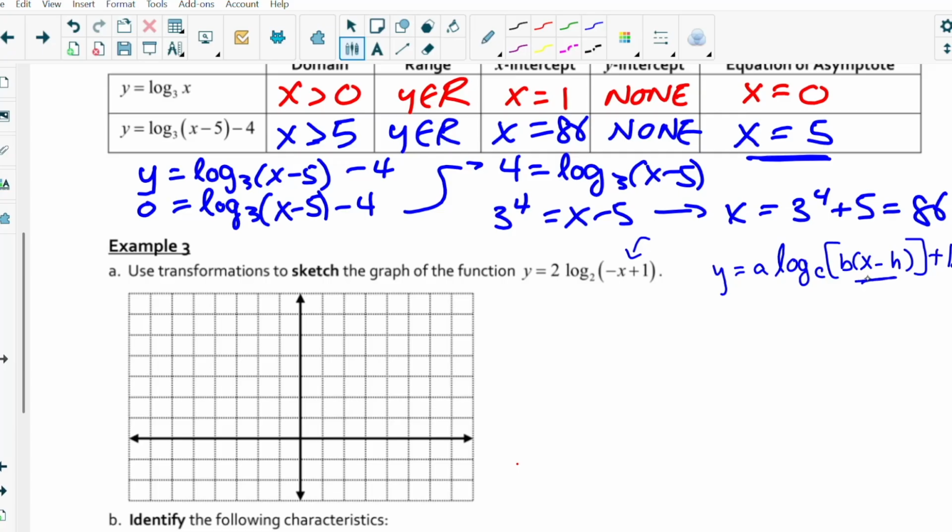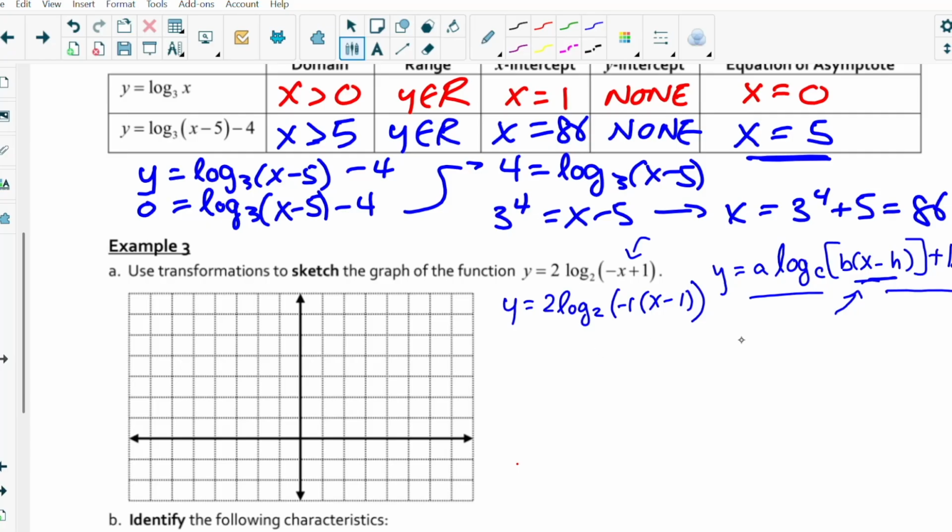This is not in the correct form. The b value is separated with brackets, so let's separate it with brackets: negative 1 times (x minus 1). Now it looks like this form.